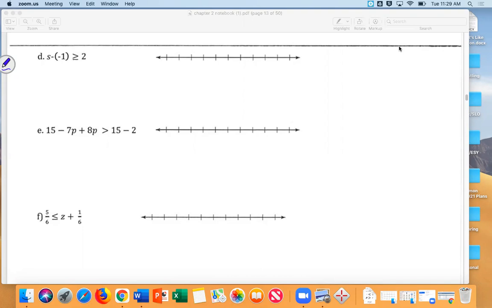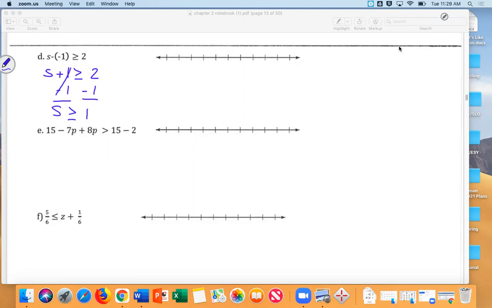All right, Ava, 2 negatives make a positive. So I'm going to change this to S plus 1 is greater than or equal to 2. Now, Nate, how do I get rid of plus 1? Minus 1. So I subtract 1 from both sides, and that gives me S is greater than or equal to 1.